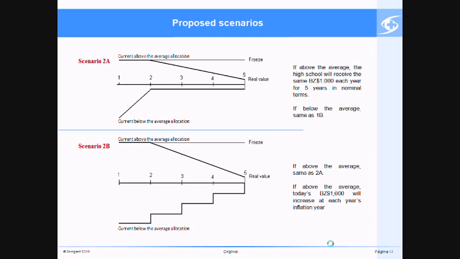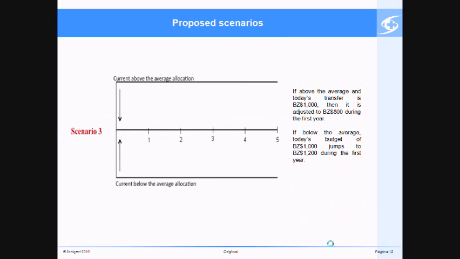In scenario 2B, we have a similar situation where the above average school is frozen at current per student rates, and then we have a stepwise increase in the below average school until equilibrium is reached, which would be achieved not only in a stepwise increase but also with adjustments for inflation. Finally, there is a third scenario which might otherwise be described as shock therapy.